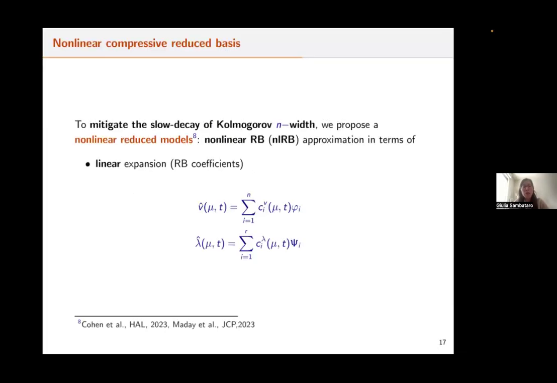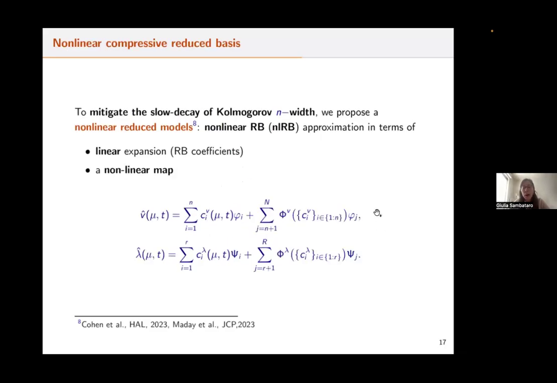I commented about the slow decay of POD eigenvalues, which are empirically related to the Kolmogorov n-width. And so I'm proposing here an attempt to mitigate this Kolmogorov barrier to reducibility. To do that, what I'm proposing is a hybrid method combining together a linear and nonlinear approximation. So you have, as before, a linear expansion of primal and dual solutions in terms of reduced basis coefficients that come from the solution of the Galerkin reduced order model.